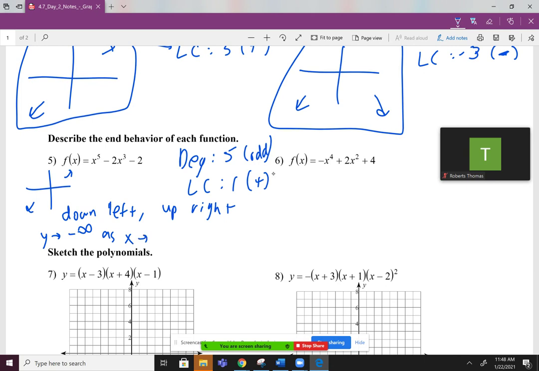Left is x negative infinity. So just remember on this, up and down is y, down is negative y, up is positive y. And then left and right is x, left is negative x, right is positive x. So for the upright, that's going to be y positive infinity as x positive infinity as well.